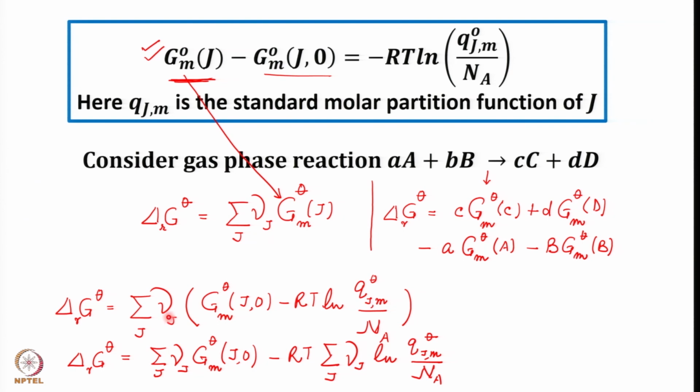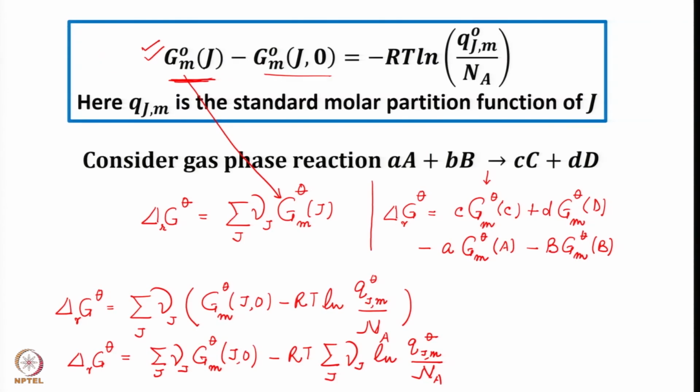And what I did was, I retained nu J of this, and for GMJ I substituted this, and we arrive at the next equation: delta R G naught is equal to this summation at absolute 0 minus RT into this expression nu J log QJM naught by NA. We will continue from here.